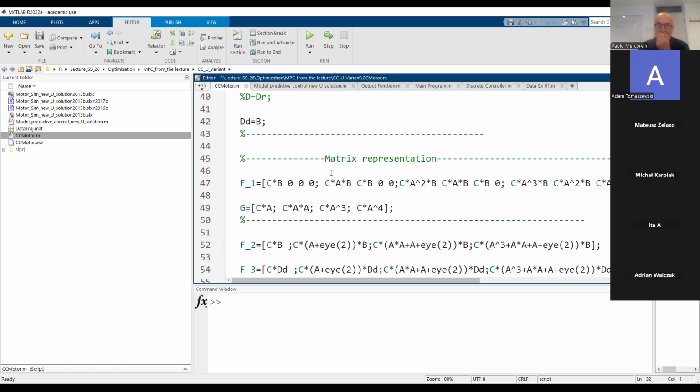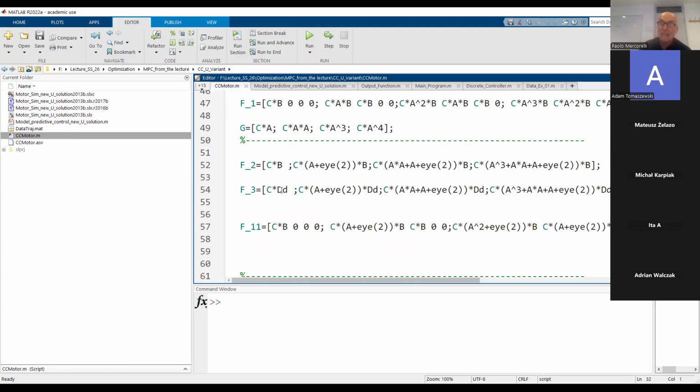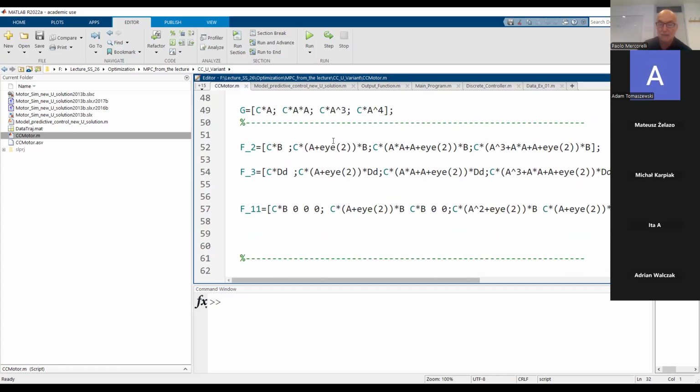Then I have the matrices. We can see here that I have more than the matrices which I need. I don't know if you remember, I need F1, I need G. But here you have F2, F3, F1, because this same file is used later to simulate variations of the MPC.